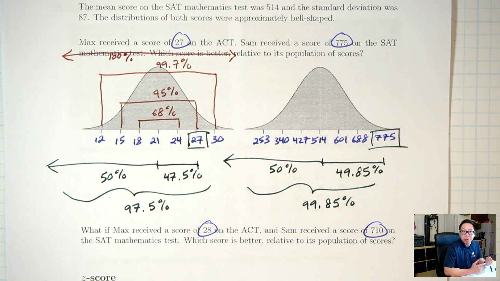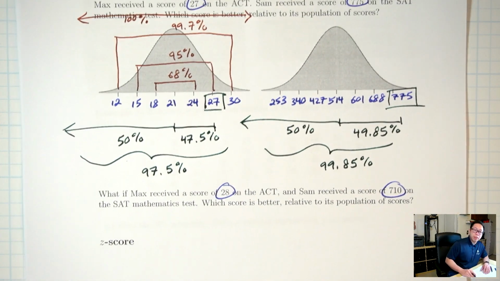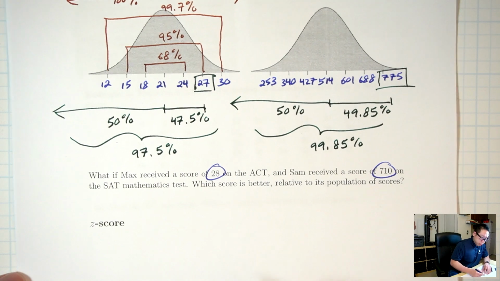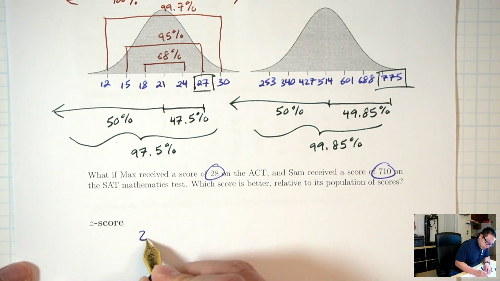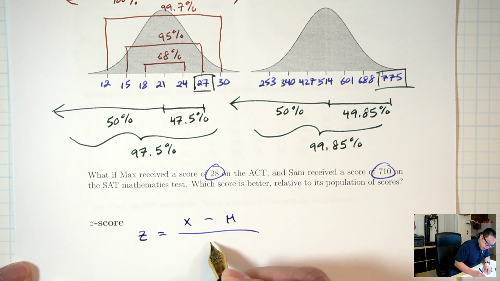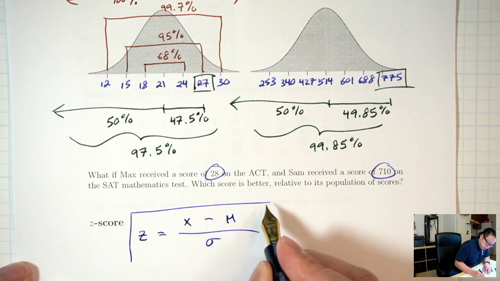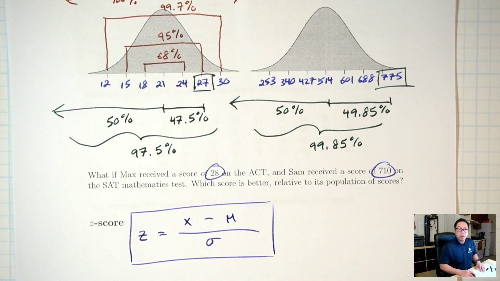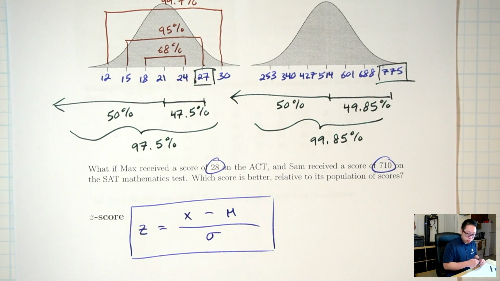Okay, so what do you do? Well, you do what's called a z-score. So let me tell you the formula, and then we'll talk about it. All right, so we've seen some of these symbols before.